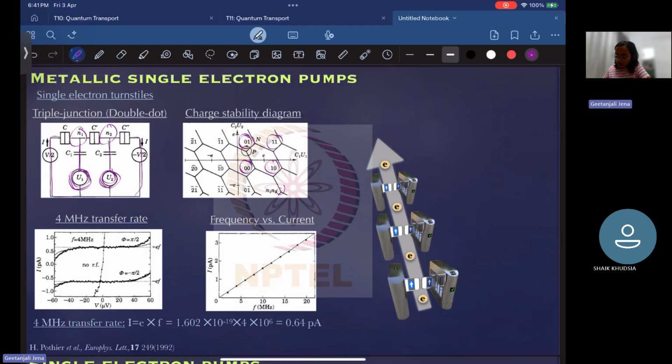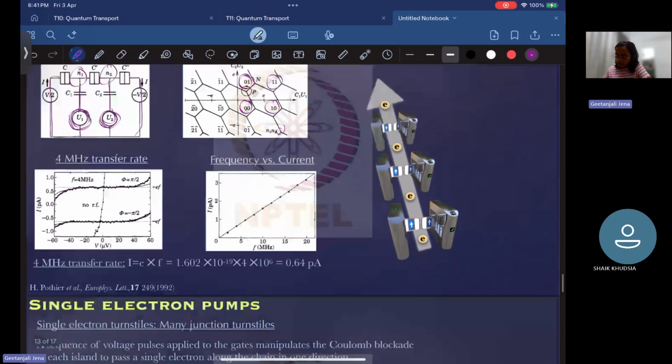That means you will see a unidirectional flow of electrons. There won't be any backward tunneling, but it's still possible to see co-tunneling here.